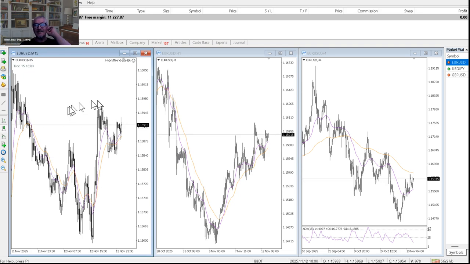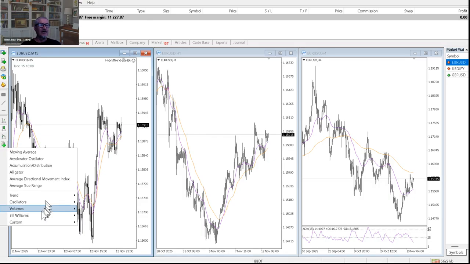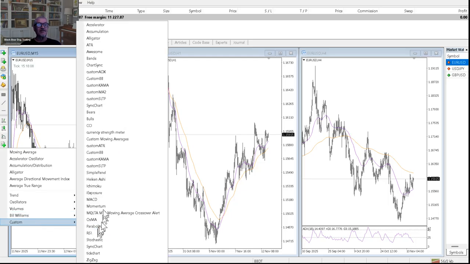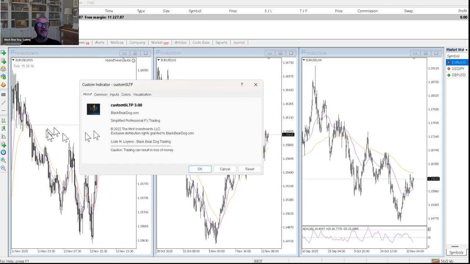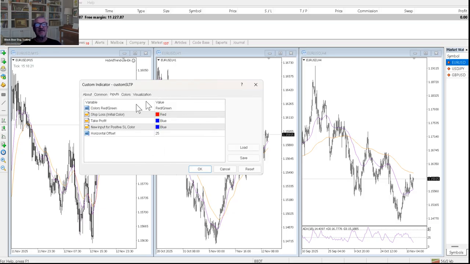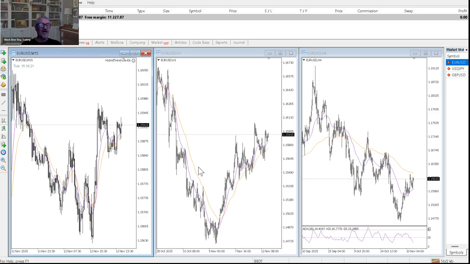We're going to add a second thing to this. We are going to click again on the indicator install icon, we're going to highlight custom, and we're going to select custom SLTP. Click on enter, and you really don't have to do anything here. Everything is set. Just simply click on OK, and it doesn't show anything yet.